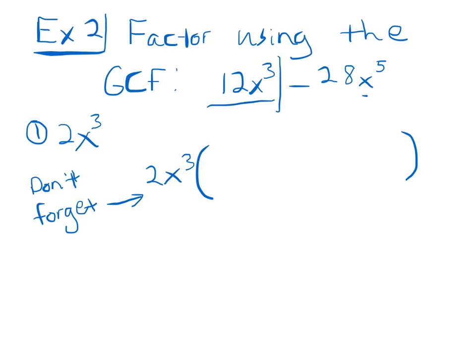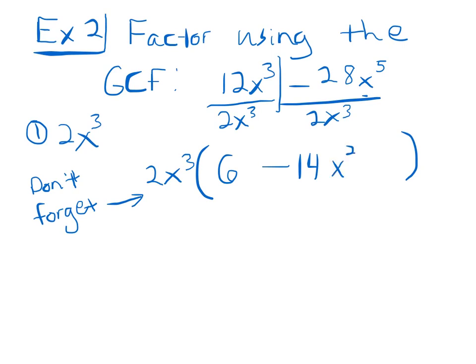So then I'm going to divide out or factor out this GCF of each term. 12 divided by 2 is 6. The x's basically cancel because 3 minus 3 is x to the 0 power. Anything to the 0 power is just 1. Minus 28 divided by 2 is 14. X to the 5th, minus x to the 5 minus 3 would be x squared.